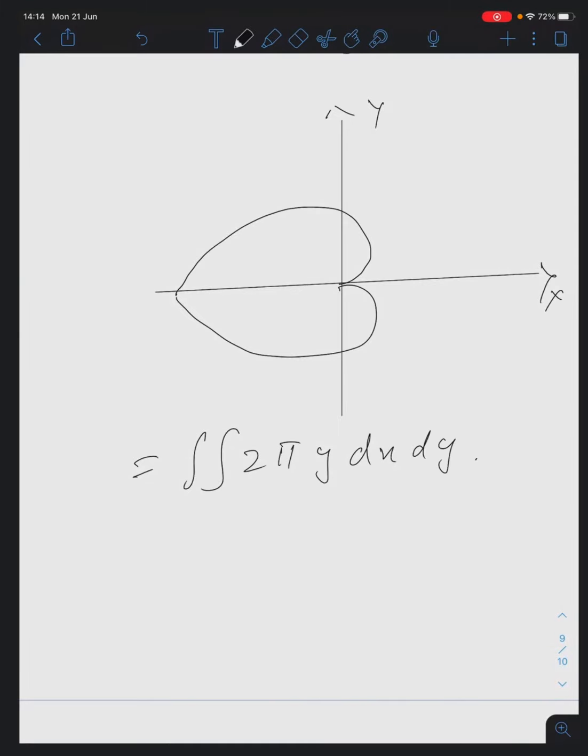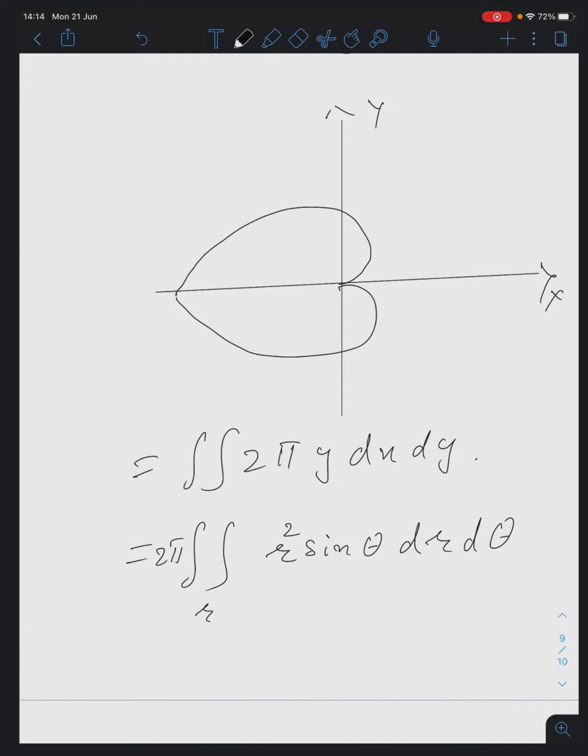Now you can write down your limits of r and theta accordingly. So you convert that into polar coordinates. This will be a double integral, 2 pi is a constant, I can write it outside. y will be r sin theta, dx dy is r dr d theta, so one more r, and r square I will write, dr d theta.